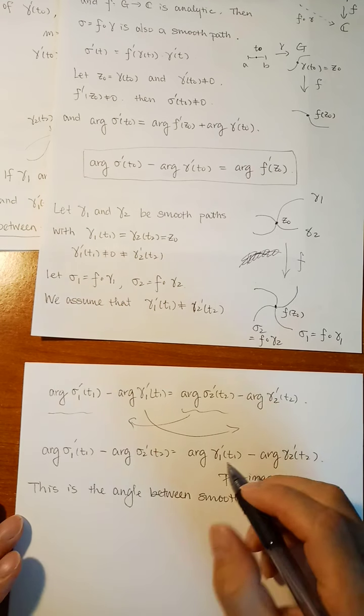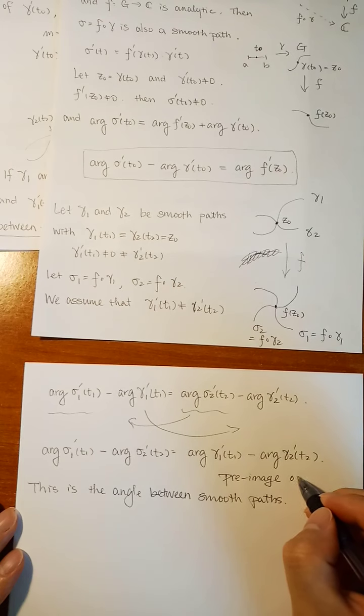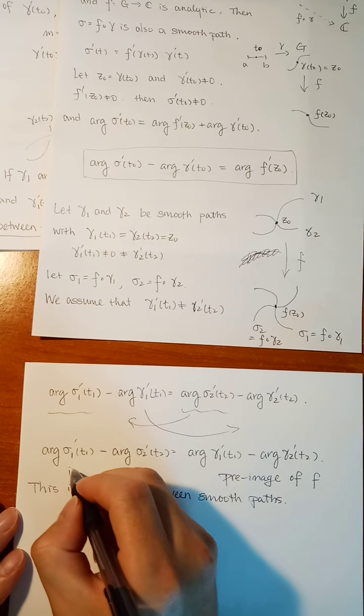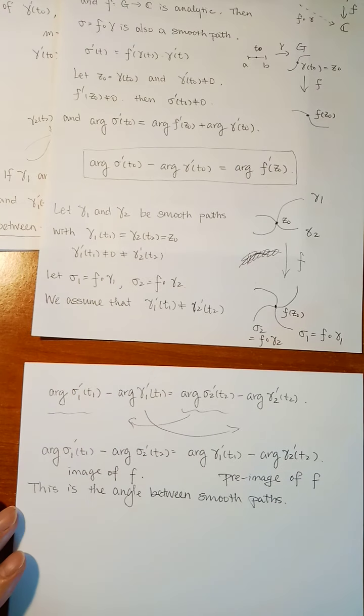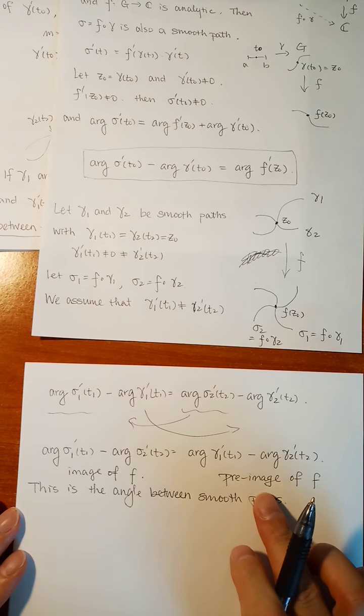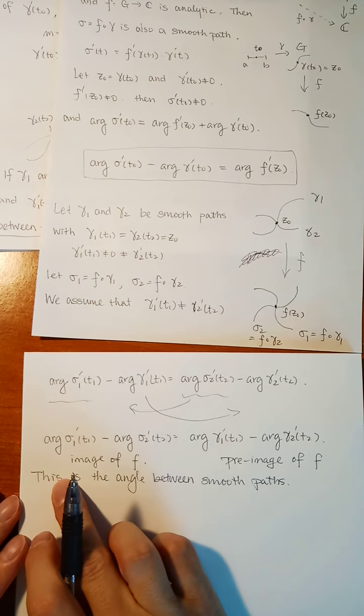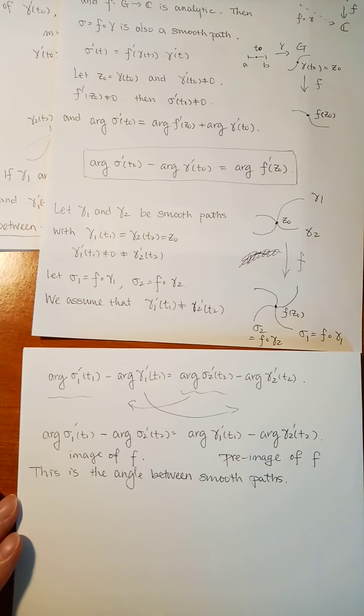When we say pre-image or image, we're talking about F. So the angle between the pre-image paths is equal to the angle between the image paths. It means F preserves the angles.